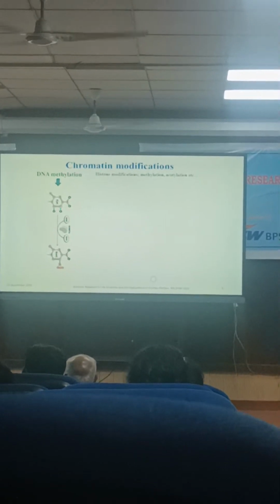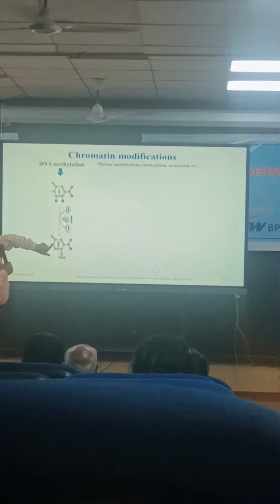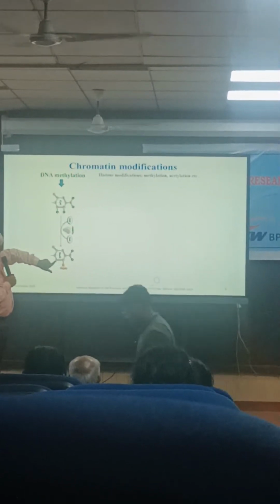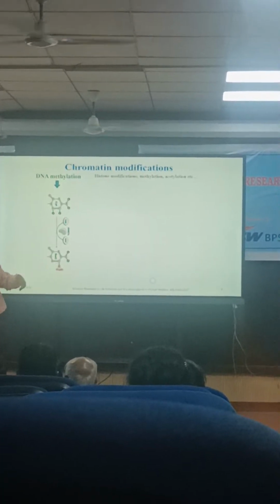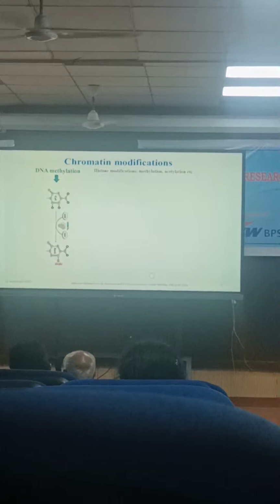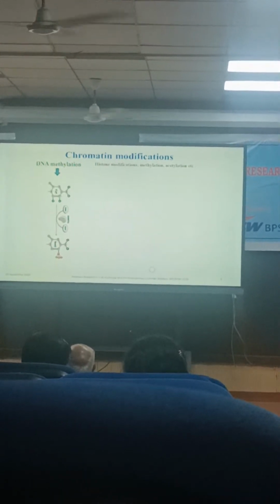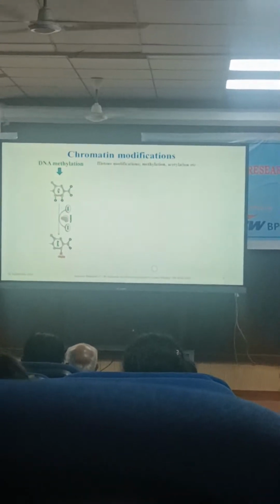DNA methylation. If you look here, this is cytosine: 1, 2, 3, 4, 5th and 6th. The 5th carbon of cytosine is methylated. And you see CG, CG, CG or ATCG, CG. Cytosines are very rich in DNA sequences and are generally found in the promoter regions of many genes, not all genes.